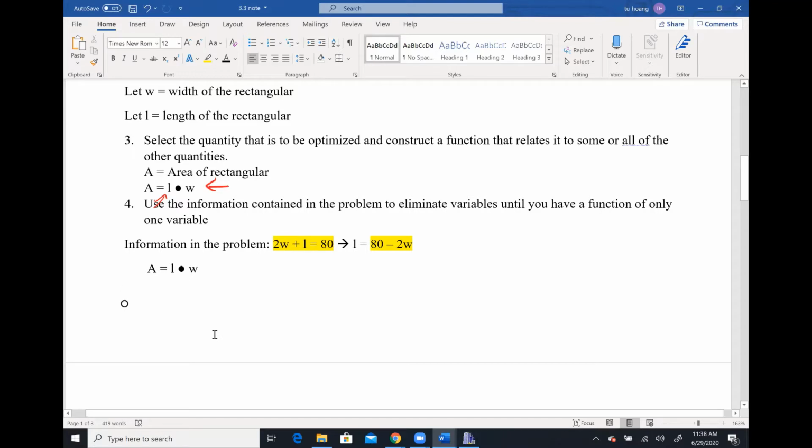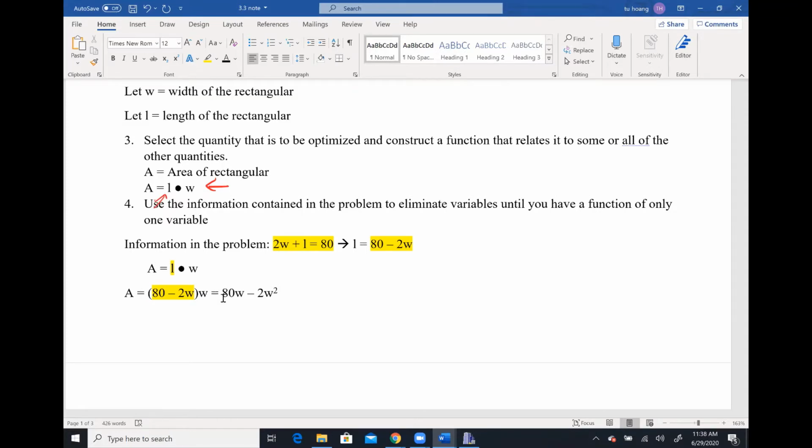I'm gonna substitute the L, this L. So I have A equal to, in parentheses, 80 minus 2W, which is L in here, multiplied by W. And I'm gonna do distribution for that, and then I have 80W minus 2W squared.